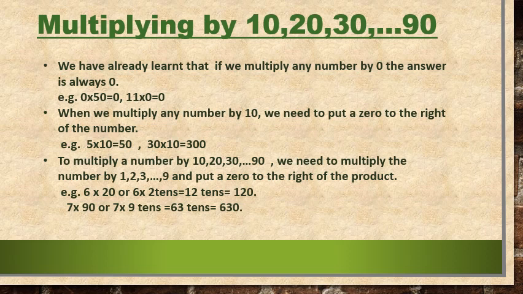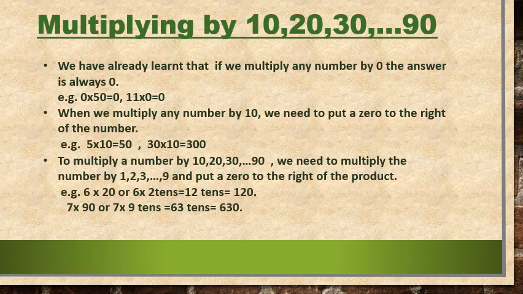Alright, girls. Now to multiply a number by 10, 20, 30 till 90, we need to multiply the number by 1, 2, 3 or 9 and put a 0 to the right of the product.